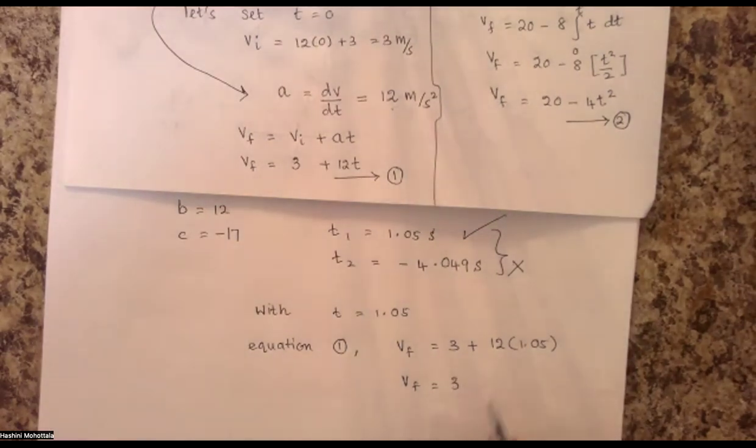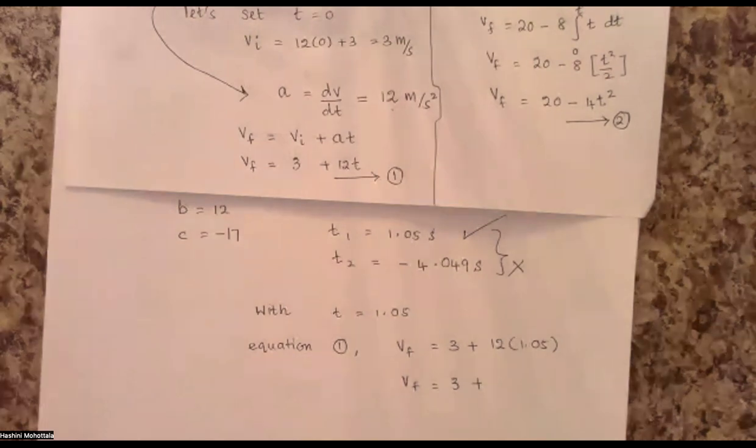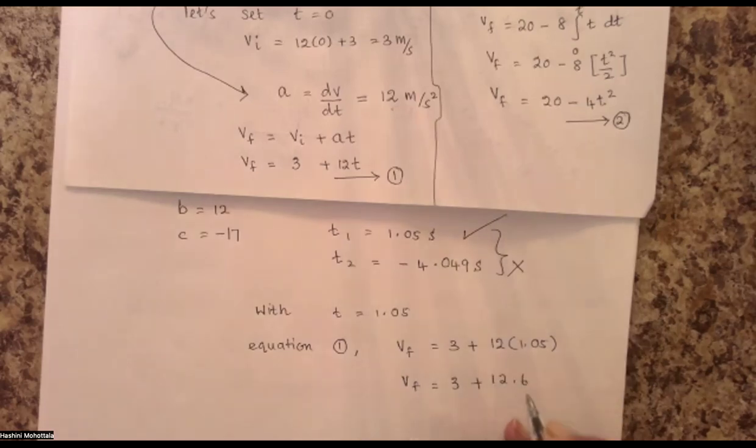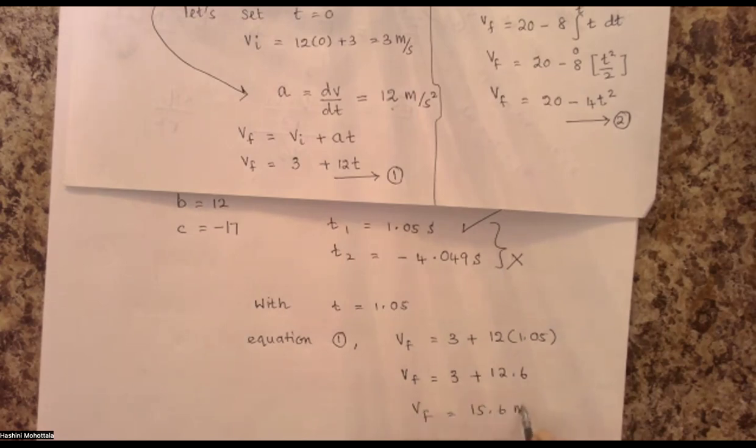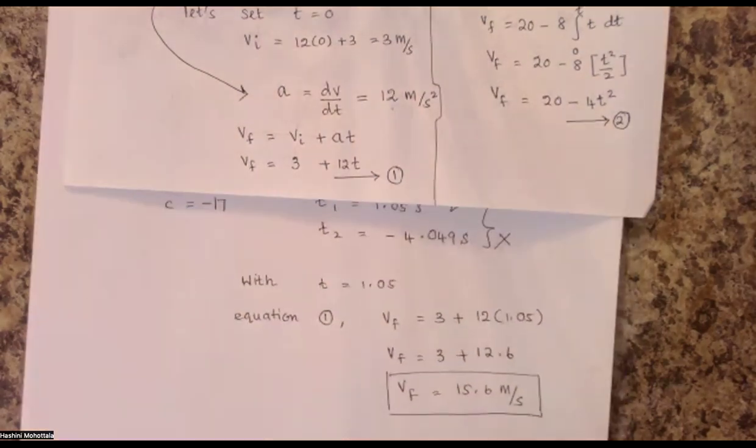So when you plug the numbers in, what is 12 times 1.05? And then V final is about 15.6 meters per second. This is the final answer to that question.